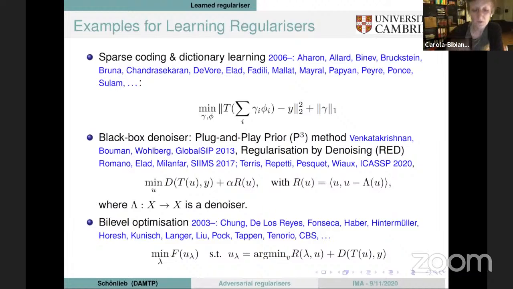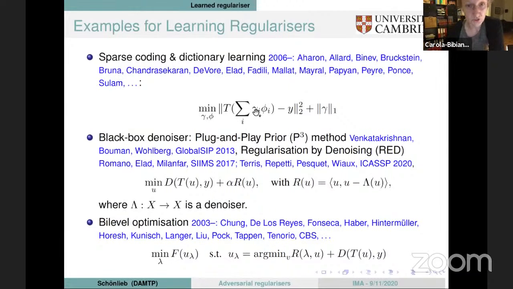Here the idea goes back to the sparsity promoting regularization that we had before in terms of the total variation. Now we say, I don't know what my sparsity promoting representation of the image is. I know that I want a sparse representation, but I don't know the basis elements that my image should be sparse in.